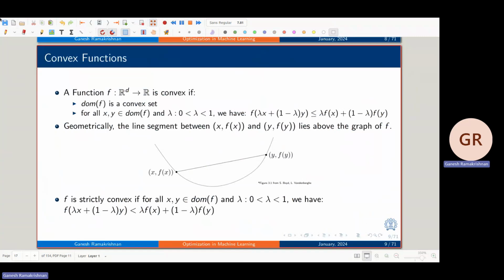If this is less than equal to, if it's below the line segment joining x, f(x) and y, f(y), which is basically amounting to saying that f at the convex combination is less than equal to lambda f(x) plus 1 minus lambda f(y).